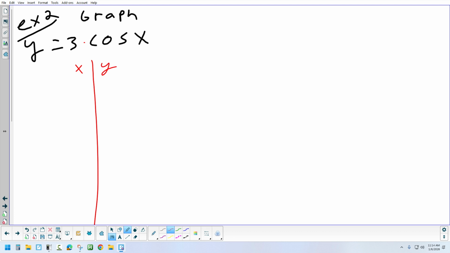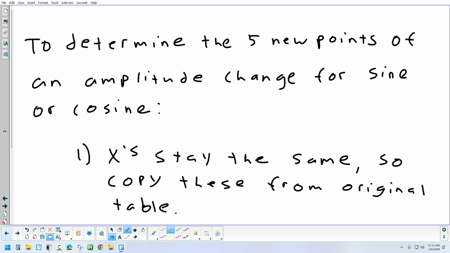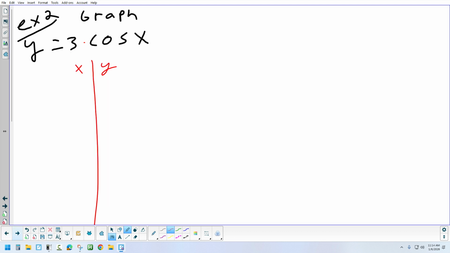Because it's a vertical stretch, we just said all the x's stay the same. So let's write them down. What are my x's for cosine? 0, pi over 2, pi, 3 pi over 2, and 2 pi.